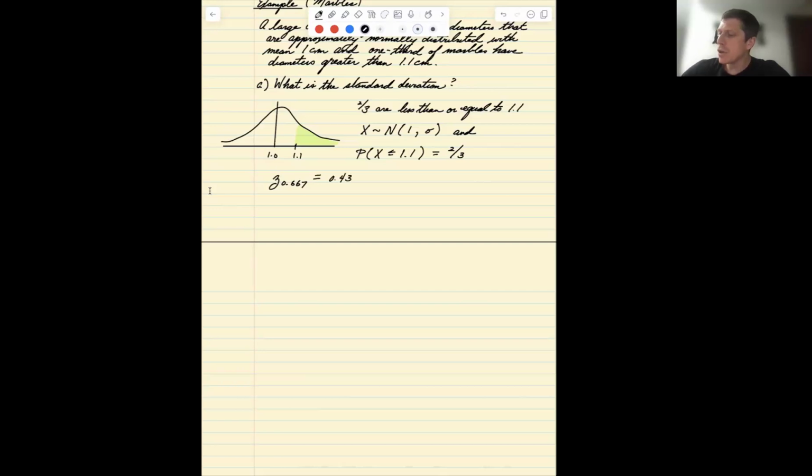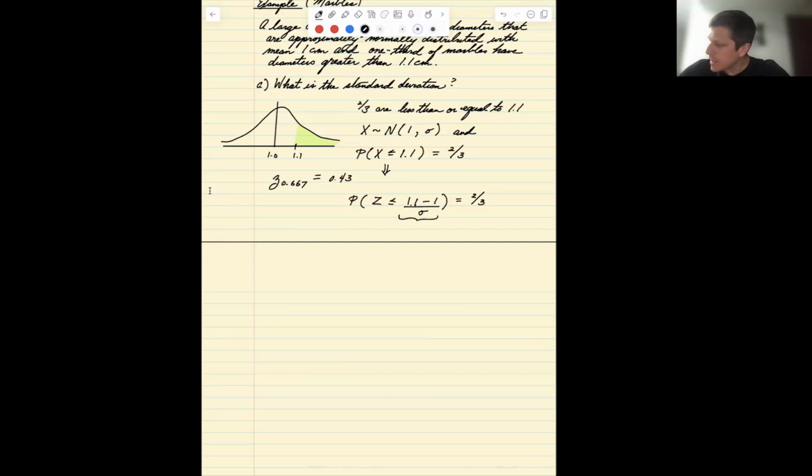Okay. And then what we're going to do is reverse engineer what sigma would have to be in order for this to be 0.43. So we know that this here is standard normal in the case where we subtract off the mean and we divide by the standard deviation, and this would be equal to 2/3.